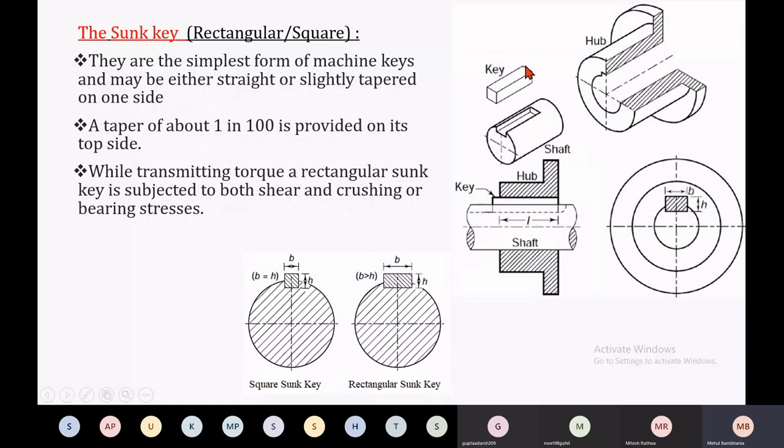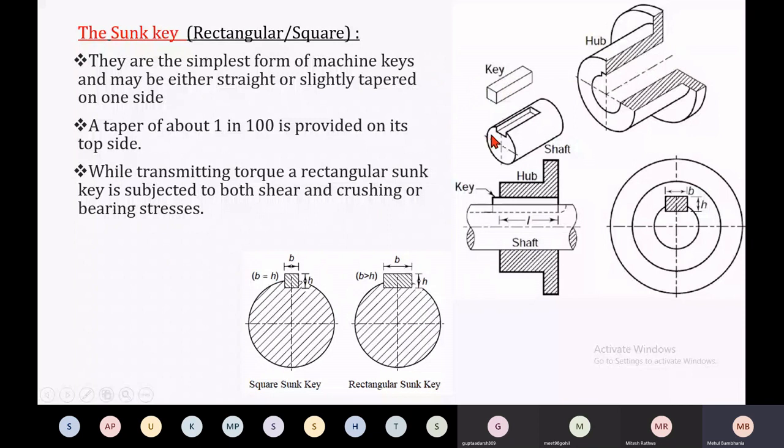This is what a sunk key looks like, and this is the keyway accommodated in the shaft as well as in the hub. This is the keyway provided. So through this keyway slot we can insert this first type of key, which is known as a sunk key.